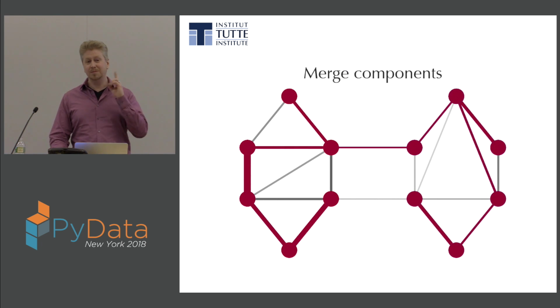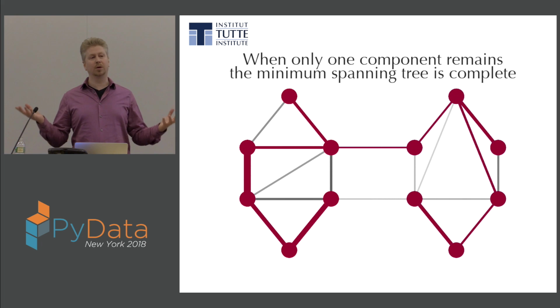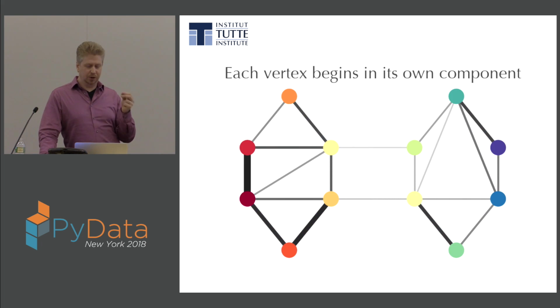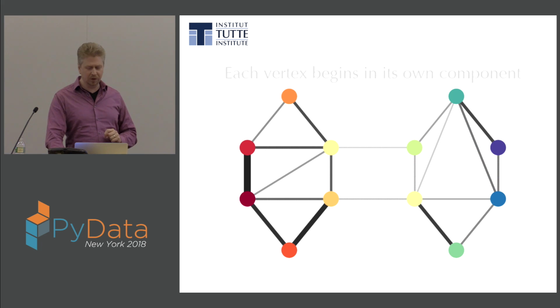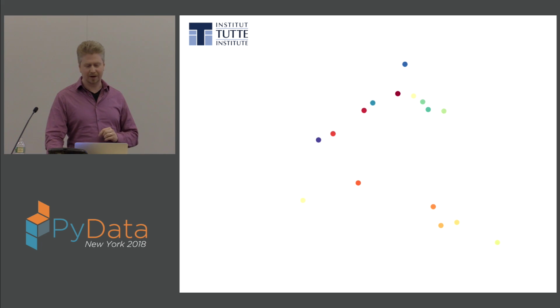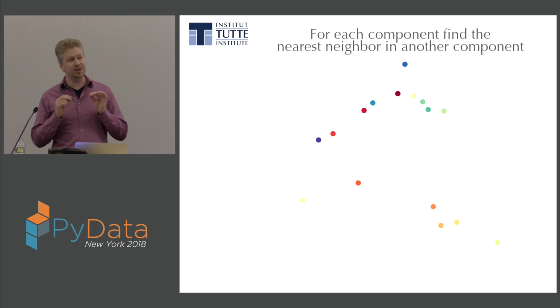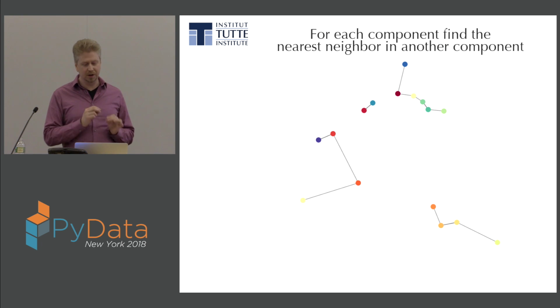But, as I mentioned before, this isn't a general graph. We've got points in space. So this is a spatial graph. So what does Boruvka's algorithm look like on a spatial graph? All right, start with every point in its own component. We're going to query each point for its nearest neighbor that is not within the component.